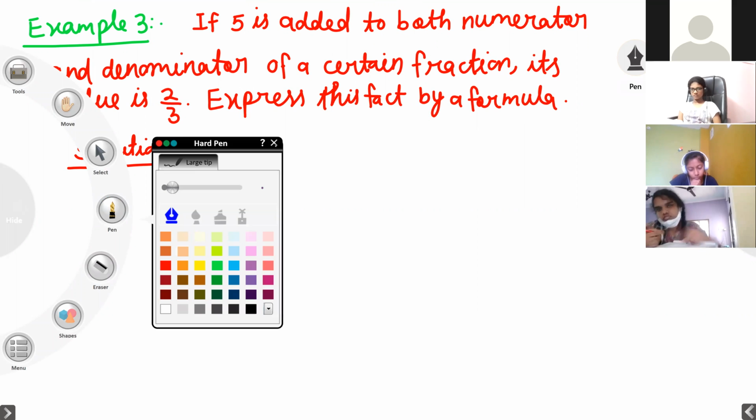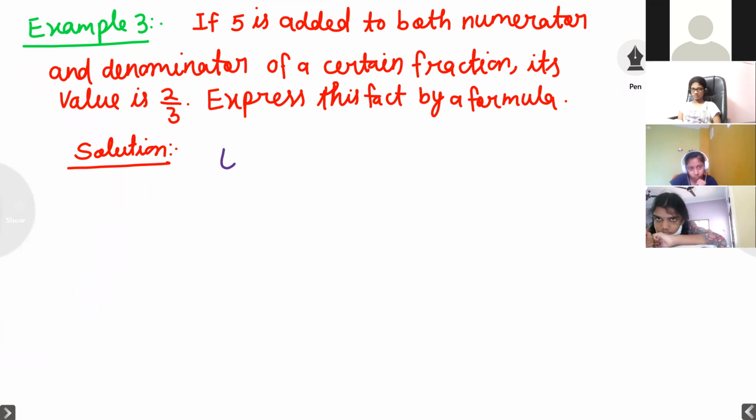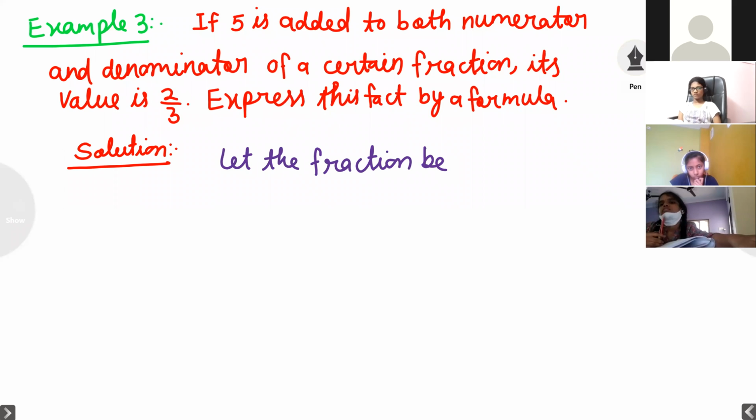Firstly, let the fraction be x by y, where x is the numerator and y is the denominator.